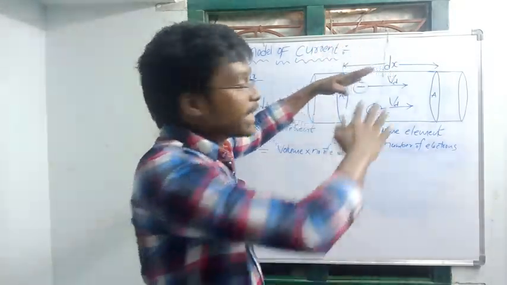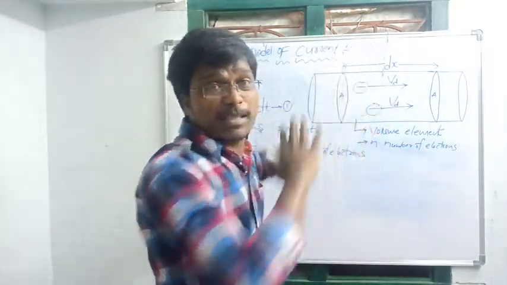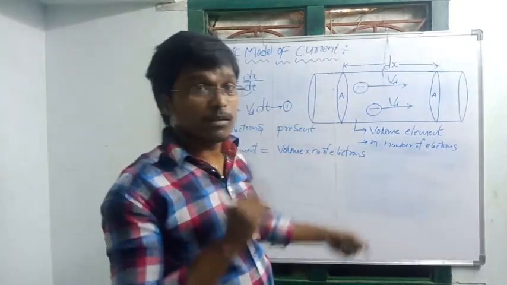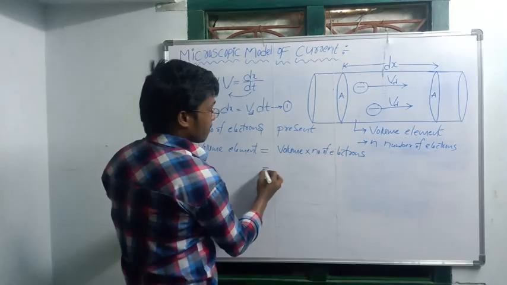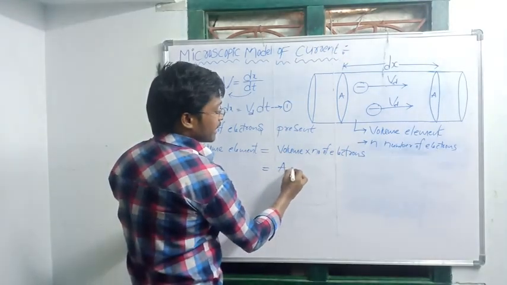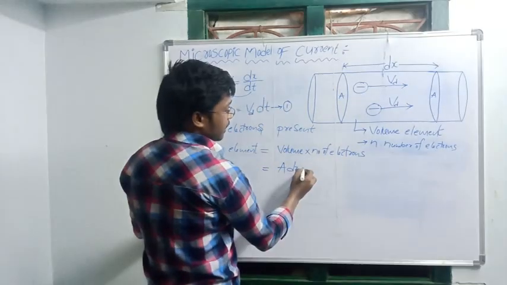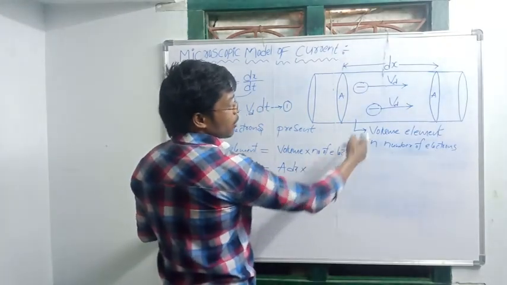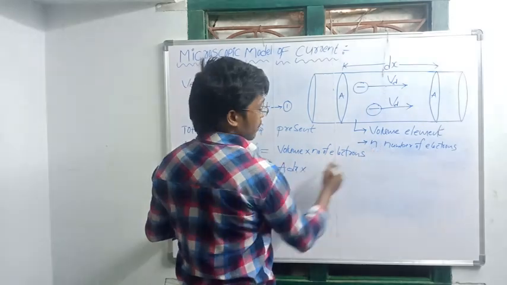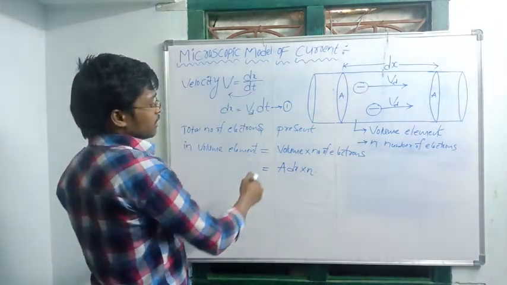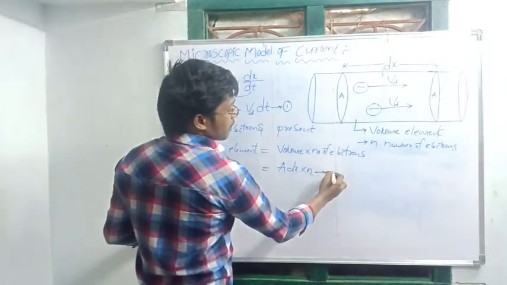Here volume into n number of electrons. What is the volume formula? Volume means area into displacement, area into displacement, here into number of electrons. How many electrons are present? n number of electrons. So n. Okay. Now give equation number 2.